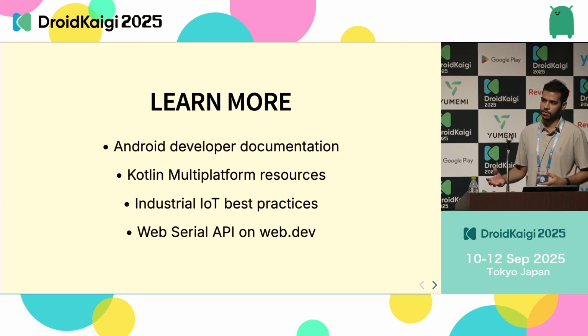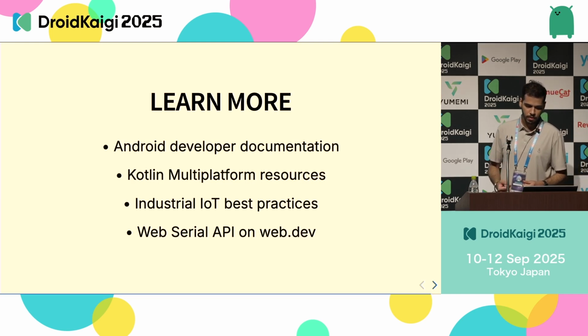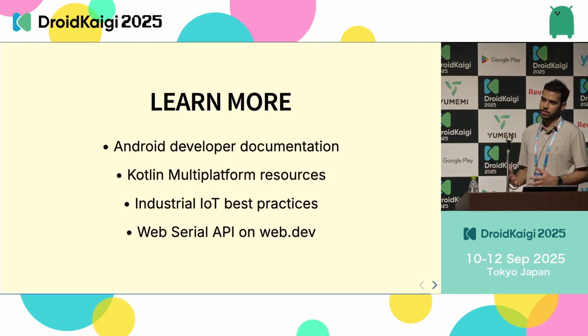I think they have good resources on this sort of connection. Last is hardware SDKs. A lot of manufacturers provide Android SDKs, and there are a lot of resources to try out and experiment with to see which fits your need the best.